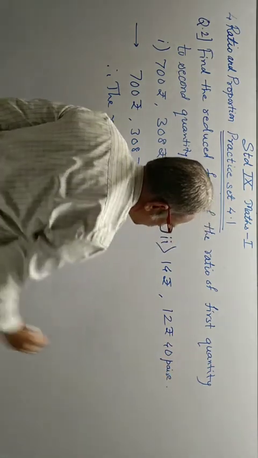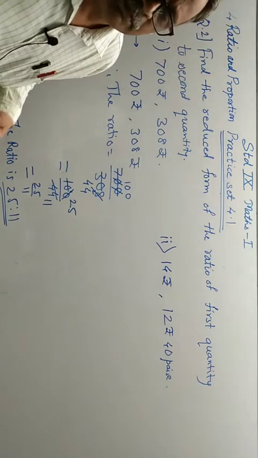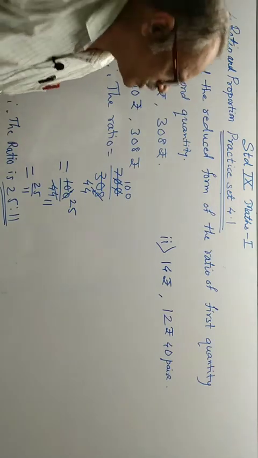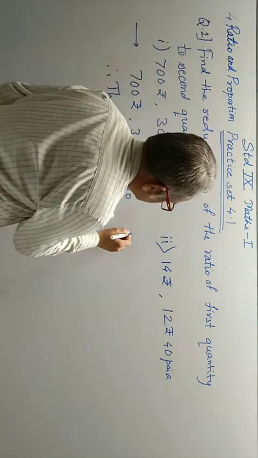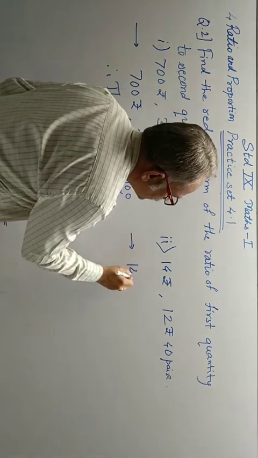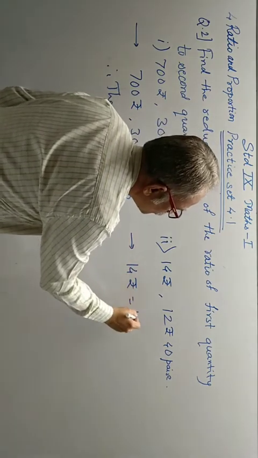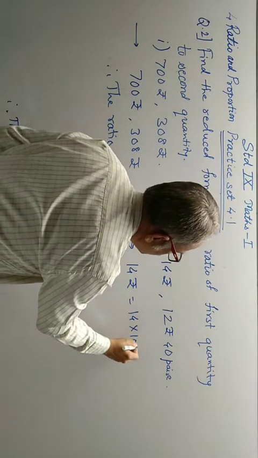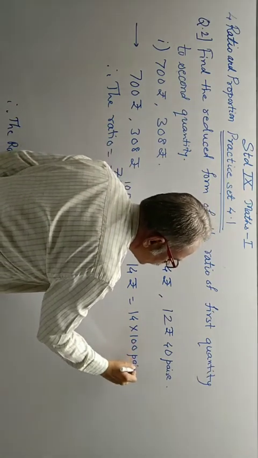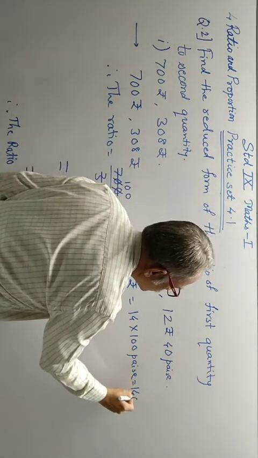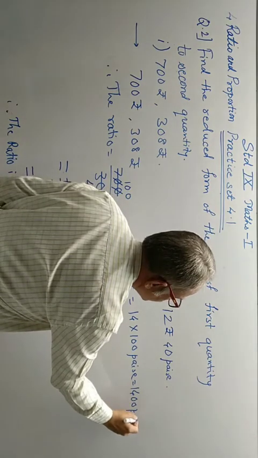Now when one is in rupees, other in paise, we must convert it into paise. We have to convert it into the smaller unit. That is easy. Then we have to write it first. 14 rupees is equal to 14 multiplied by 100 paise equal to 1400. 1400 paise is the first quantity.